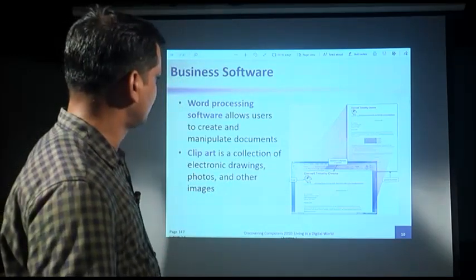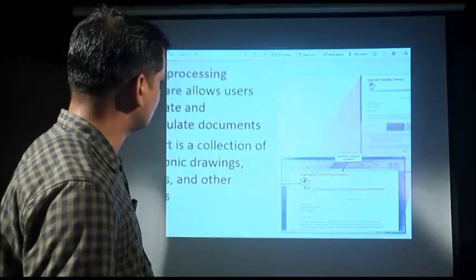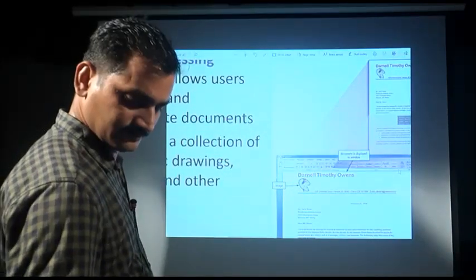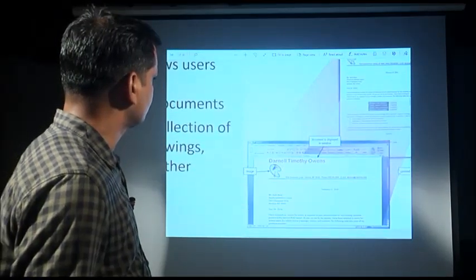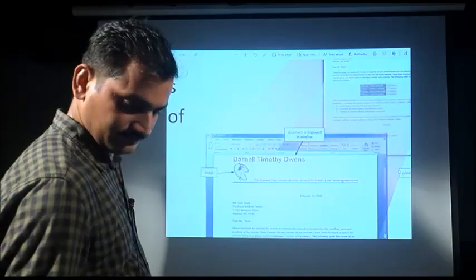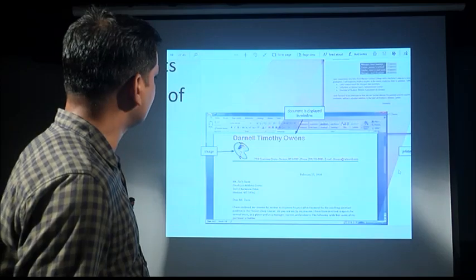As you can find here, this is one of the word processing software, MS Word, that is opened here. There is a letter written here, you can see. We can create letters, and we can add images also.